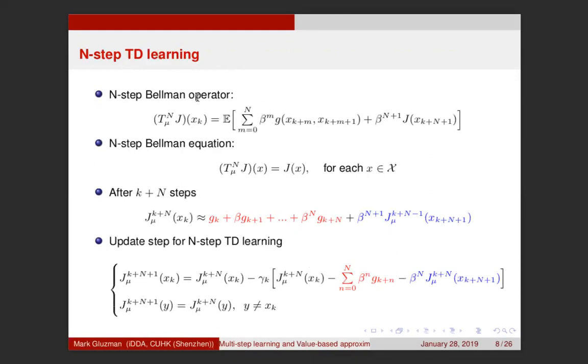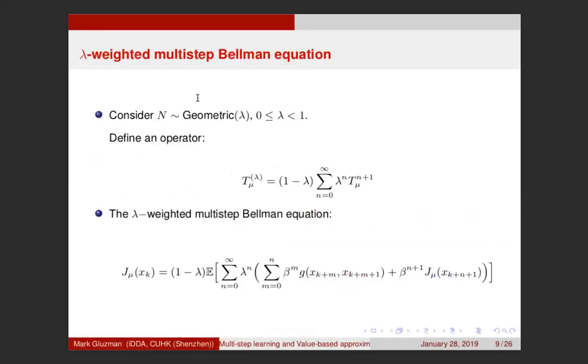In practice, usually people choose something in between. The best results come from trying many values, like 10, 9. It depends on the problem. But the algorithm that is more popular than n-step TD learning is TD lambda.